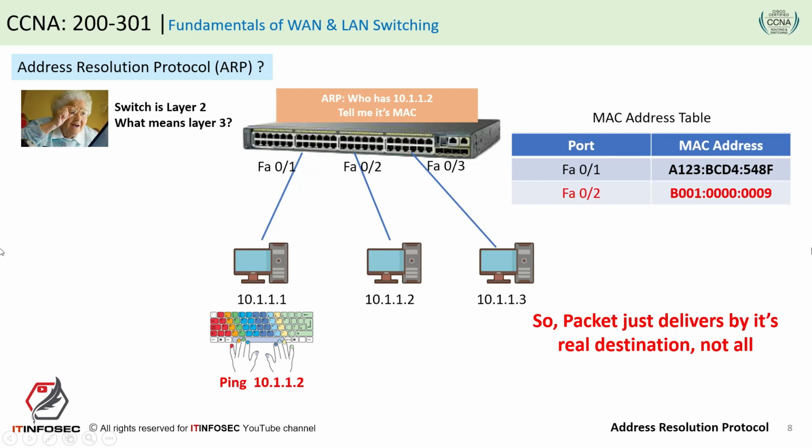So the packet is delivered just to its real destination, not to all. This mechanism shows the packets are not operated as broadcasting like in a hub, and it ensures that the packet is delivered just to its destination.